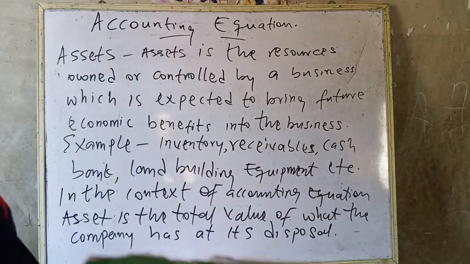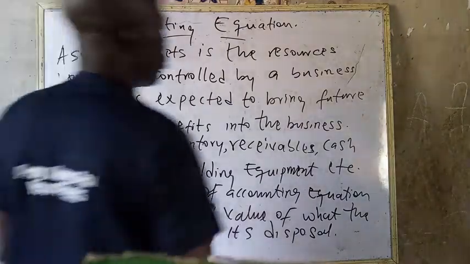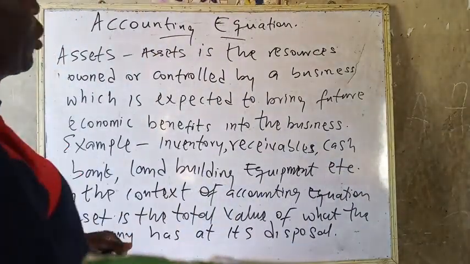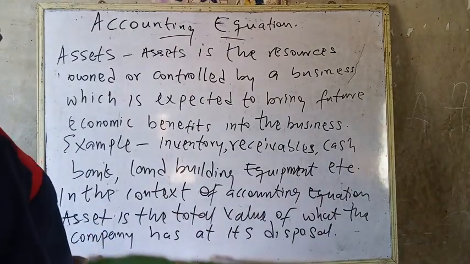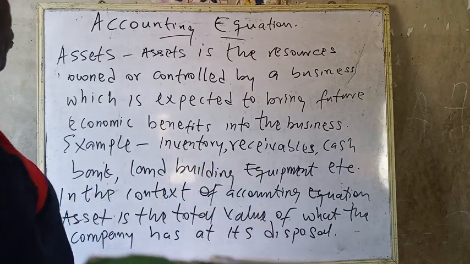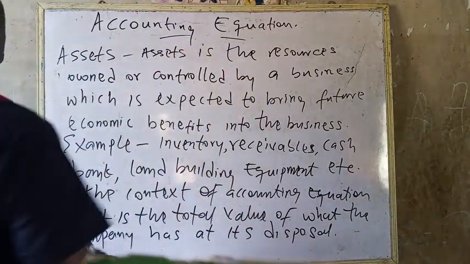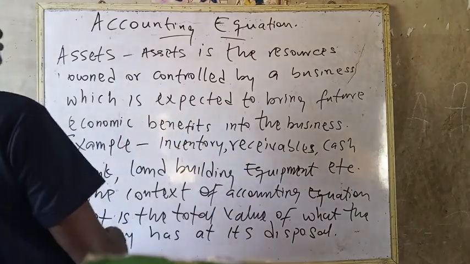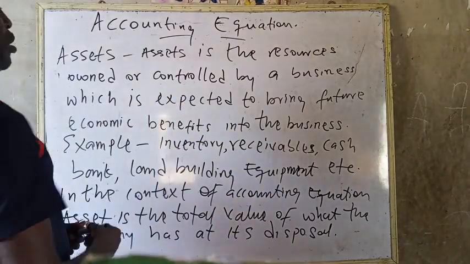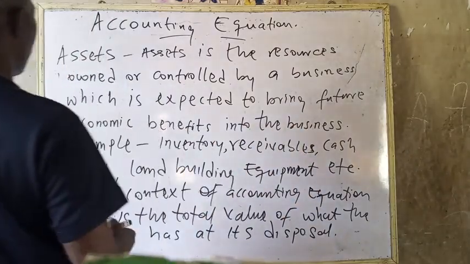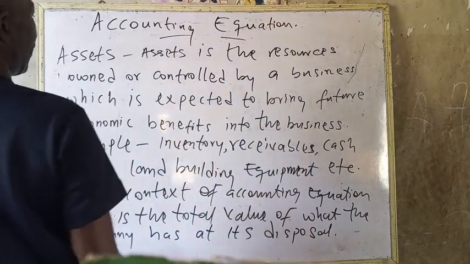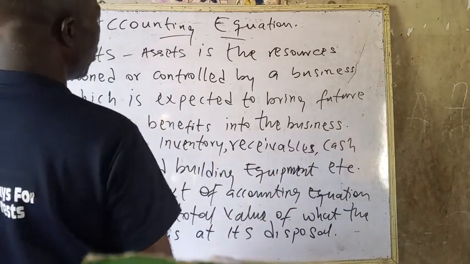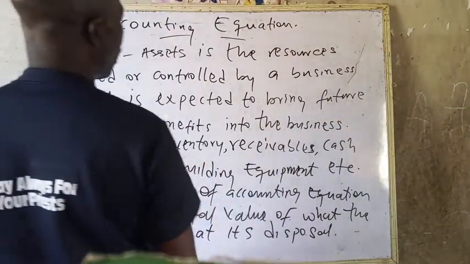So this is assets. Like I said, we are going to take it one after the other, the terms under the accounting equation that we must be familiar with before we go into the equation proper. Assets are the resources owned or controlled by a business, which are expected to bring future economic benefits into the business. Examples of assets in the balance sheet: you have inventory, receivables. Another name for inventory is stock.